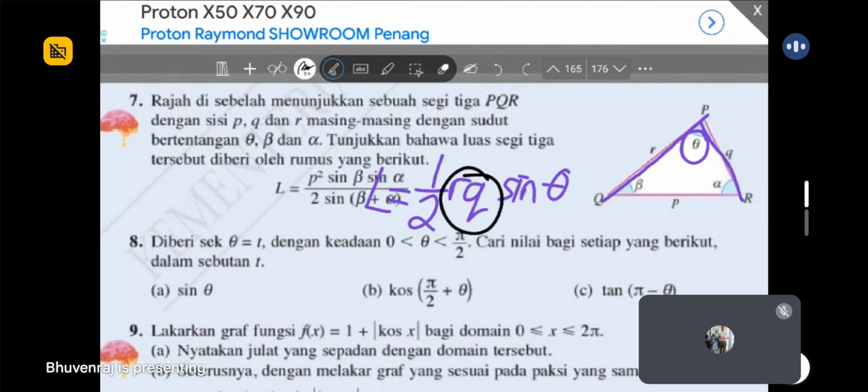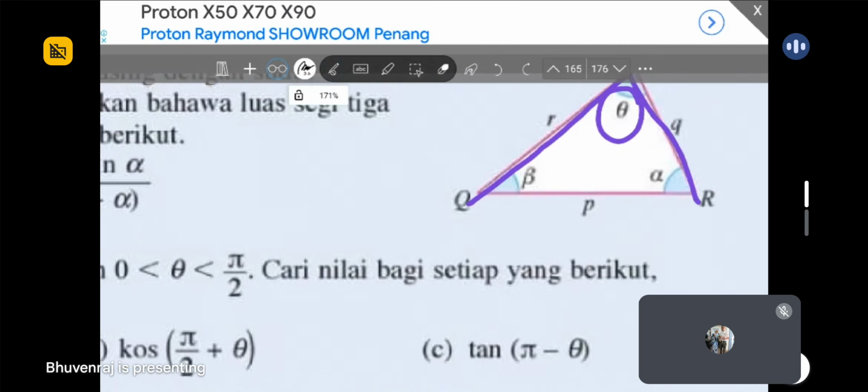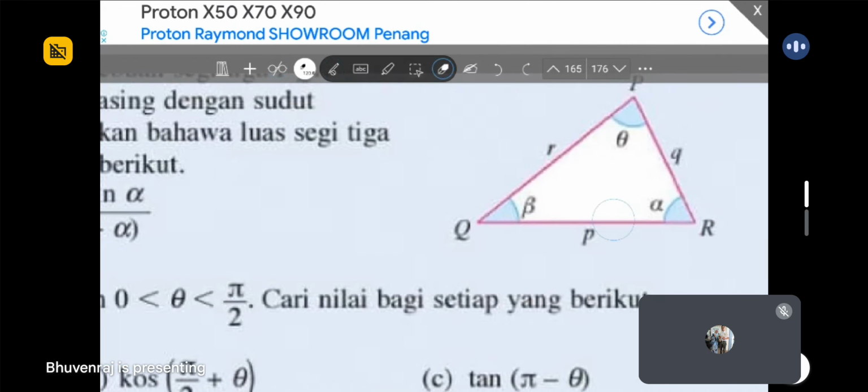So what else can we use? Sine rule, petua sinus. Okay, so guys, try to construct the sine rule over here. I just now wrote the area over here. So that is easy. Now, if you see this triangle, guys, what is the sine rule you can think of? It's always connecting the opposite side and opposite angle. Sudut dan sisi yang bertentangan. So you can see three opposite sides and angles.